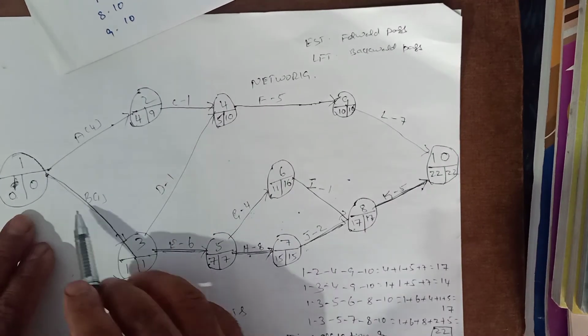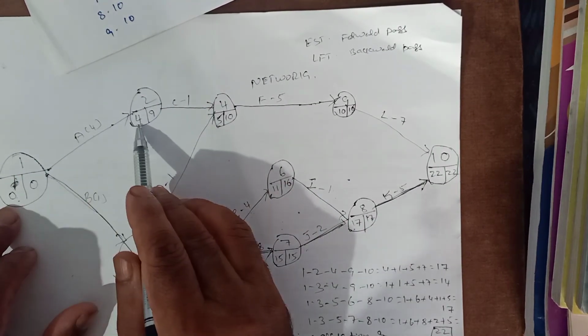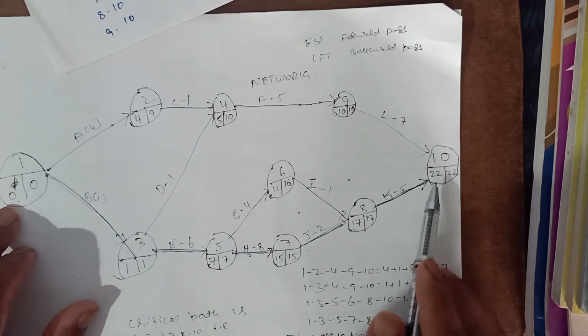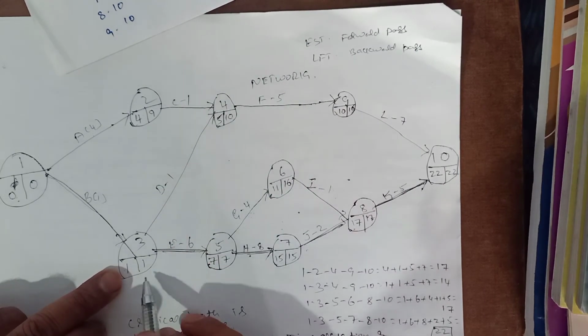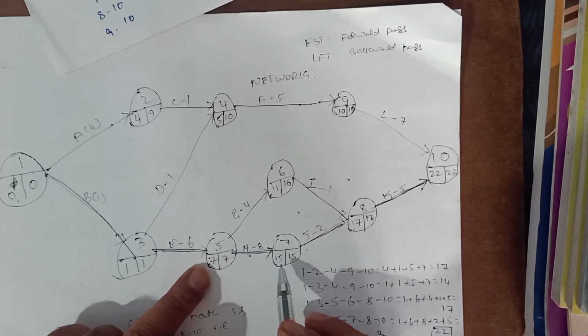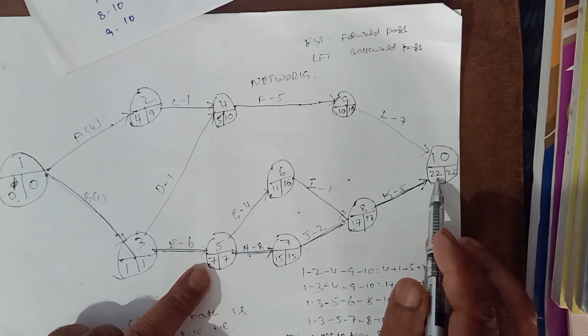Check the calculations again. 0 plus 4 is equal to 4. 4 plus 1 is 5. 5 plus 5 is 10. 0 plus 1 is equal to 1, it will not alter. 1 plus 6 is equal to 7. 7 plus 8 is 15. 15 plus 2 is 17. 17 plus 5 is 22.